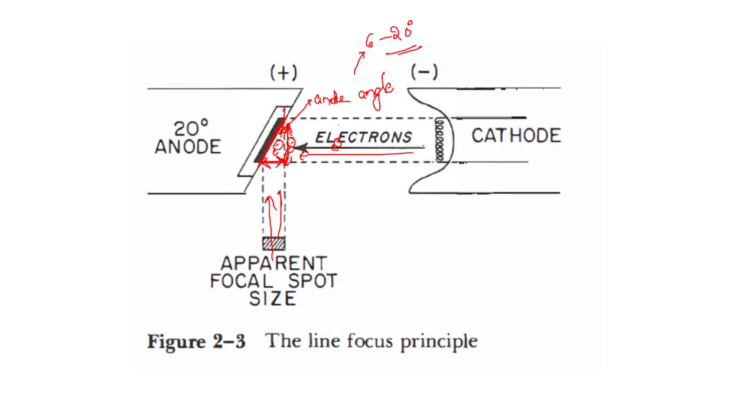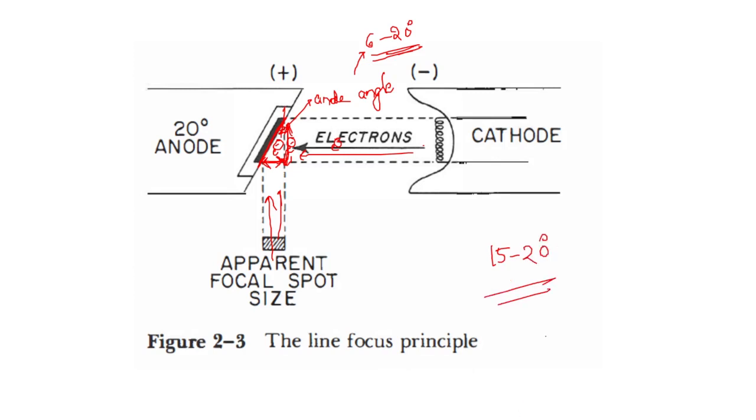In the present day, 6 to 20 degrees is the recommended range. In most diagnostic radiology, we have anode angles of around 15 to 20 degrees.